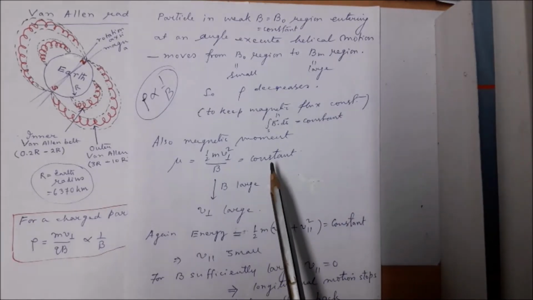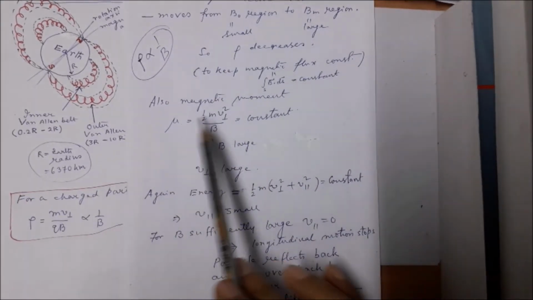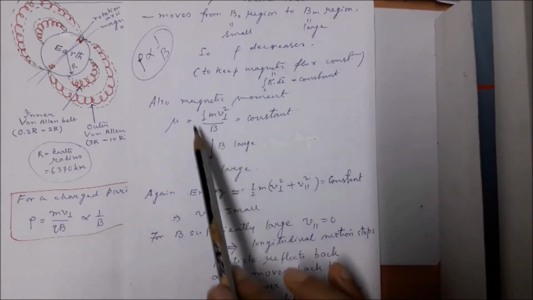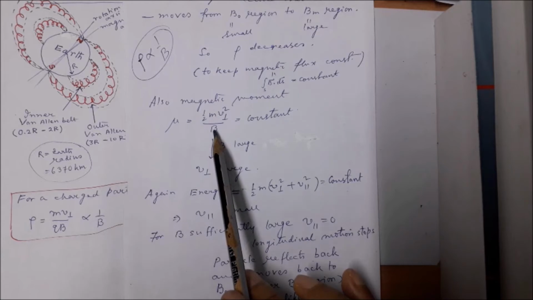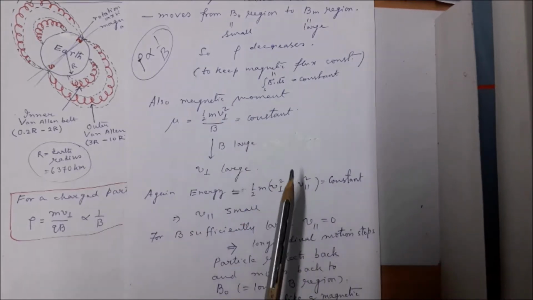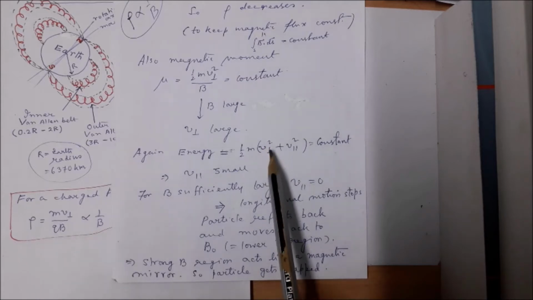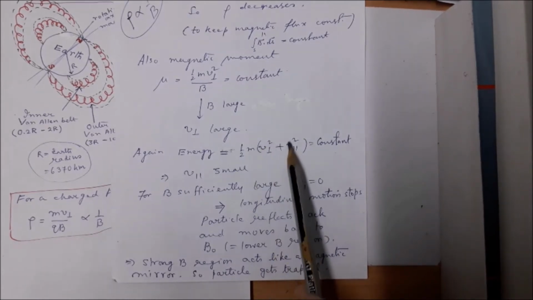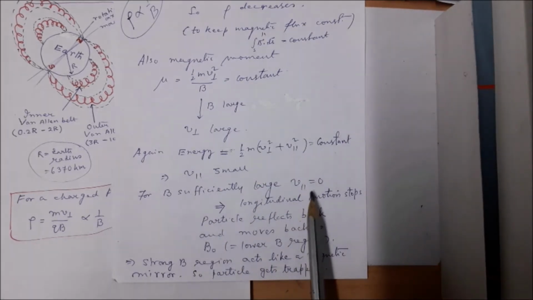Again, we discussed in the first problem that magnetic moment is conserved and is given by this expression. Clearly, for B large, to keep mu constant, V perpendicular is needed to be large, and since energy is constant, if V perpendicular is large, this automatically means V parallel will be small, and ultimately for some B, V parallel will be 0.